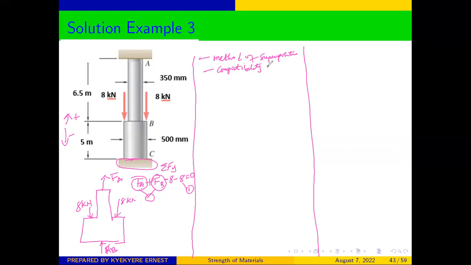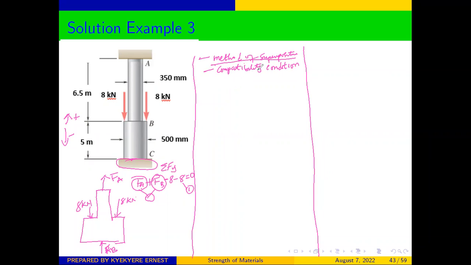So these are the two methods you can use to solve statically indeterminate problems. Having said that, we are going to solve this example using the method of superposition. Then we will look at the compatibility condition later on.